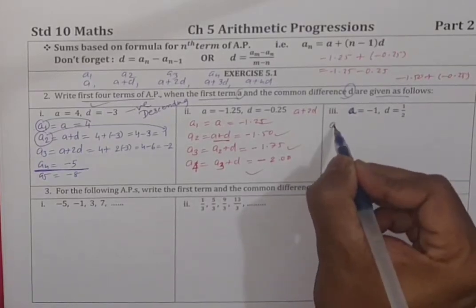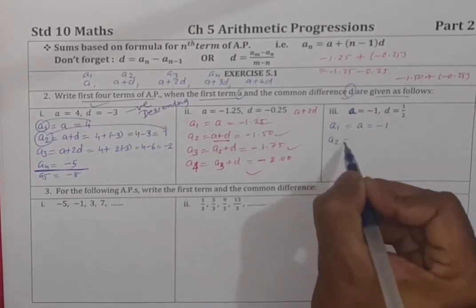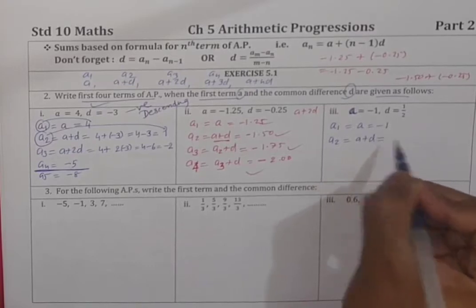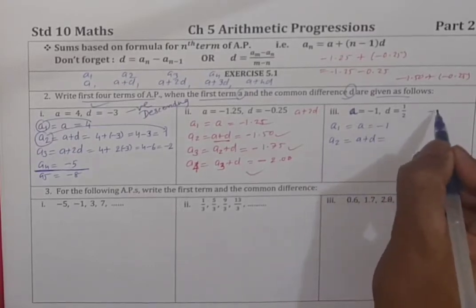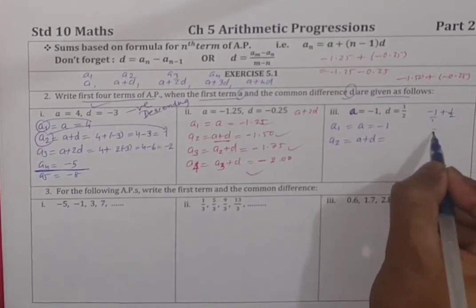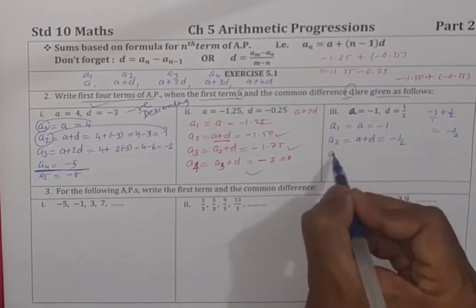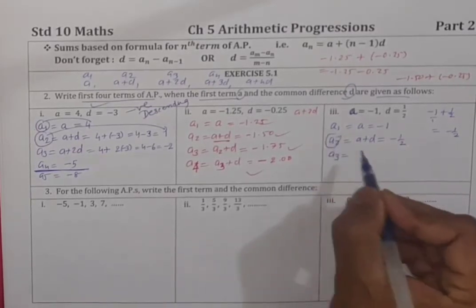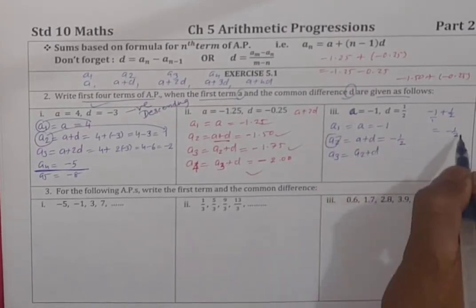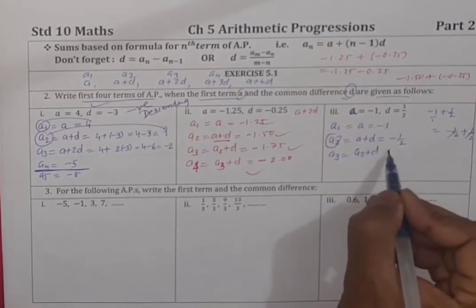Okay. So A1 first term is A and that is minus 1. A2 is A plus D. Alright. That is minus 1 plus half. आप calculation करिए, you will get minus half. So that is minus half. A3, ये A2 है plus D. So जो ये आया उसी में plus करो half. That is 0.